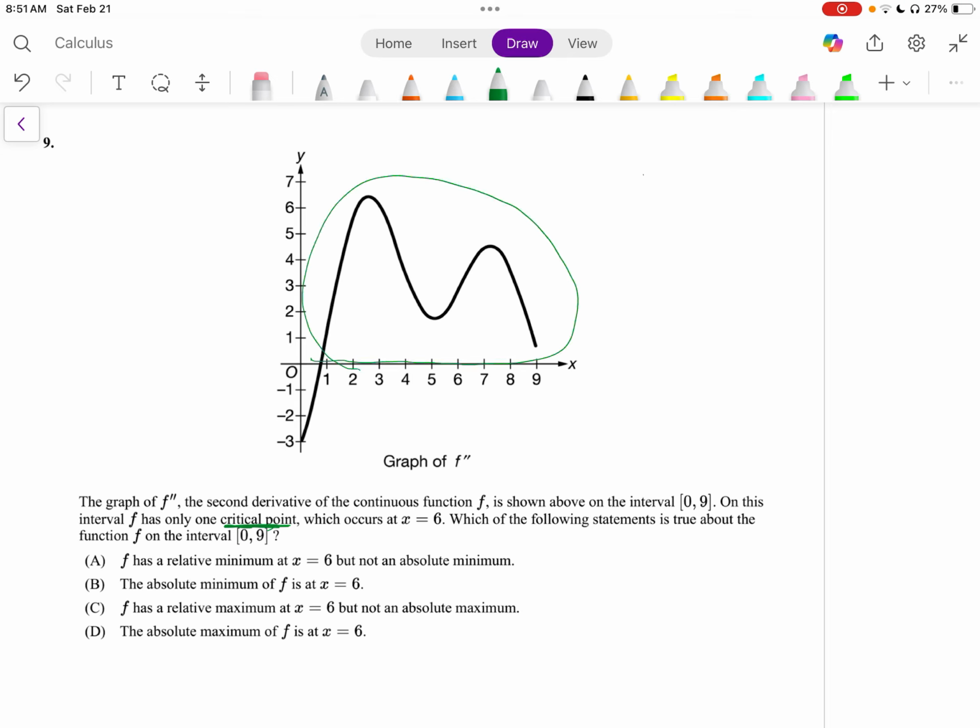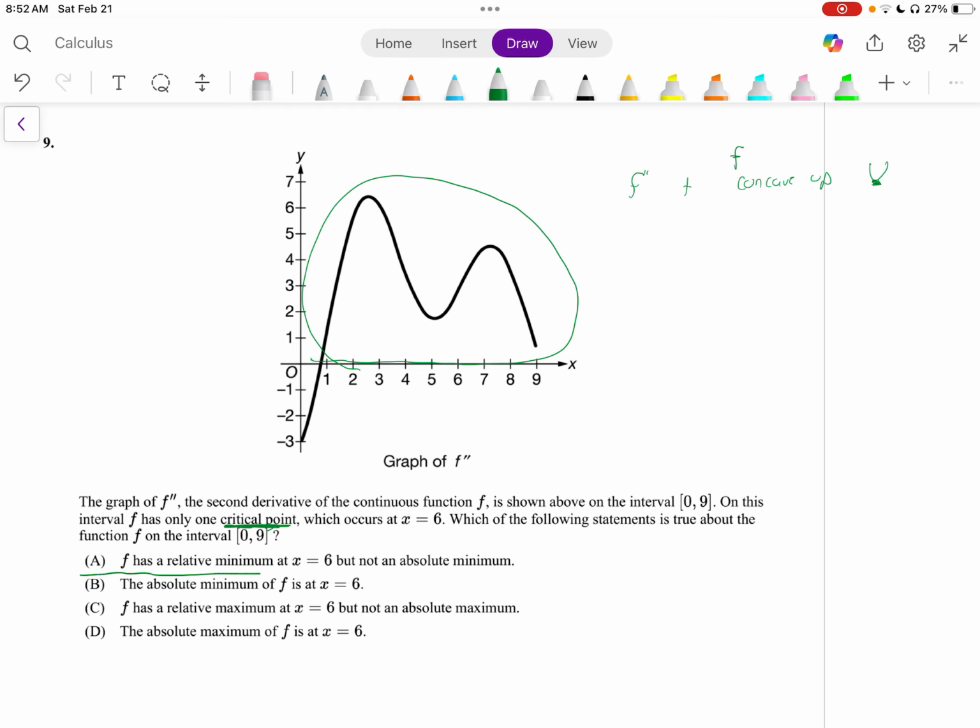So when the second derivative is positive, f is concave up, which means if it's concave up, there's a minimum at the number. So at 6, there's a minimum.